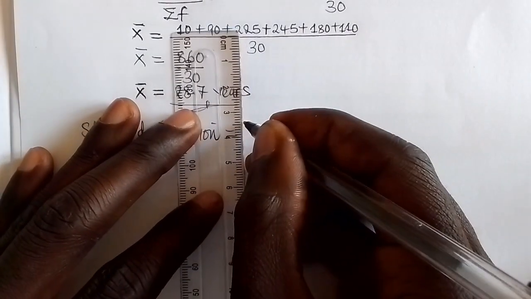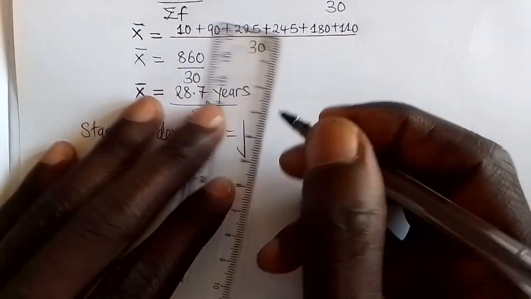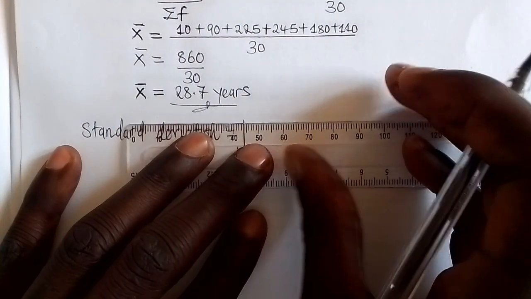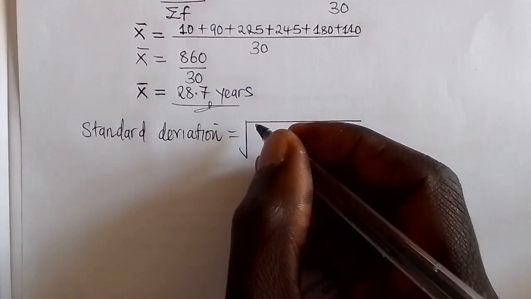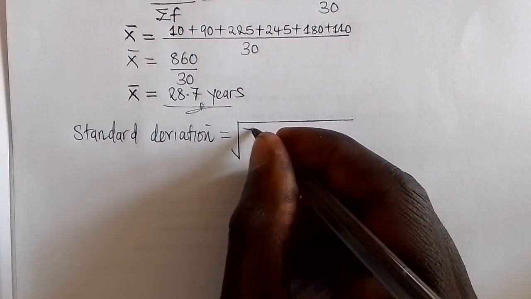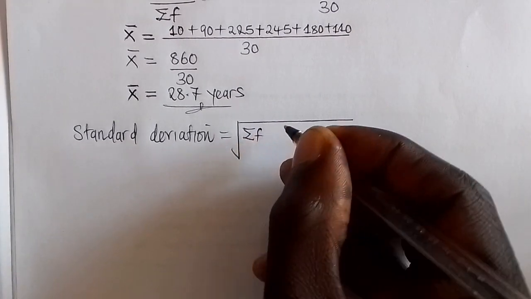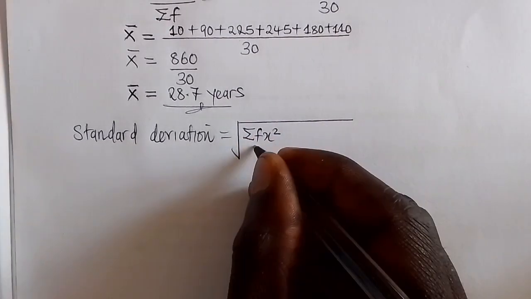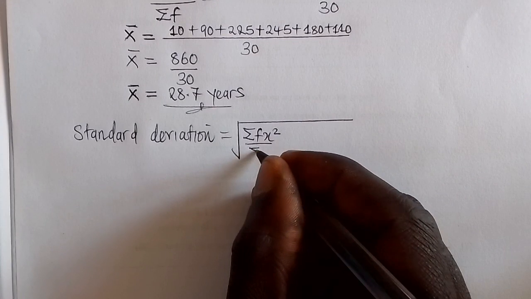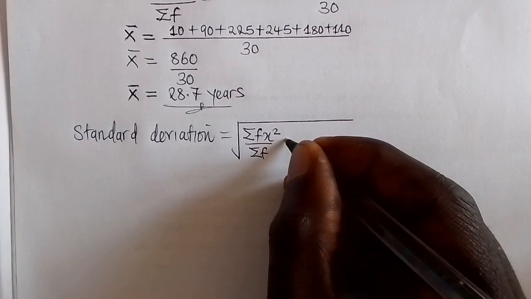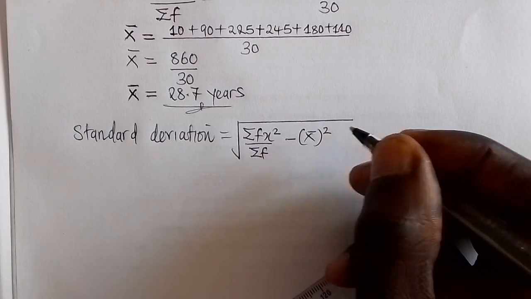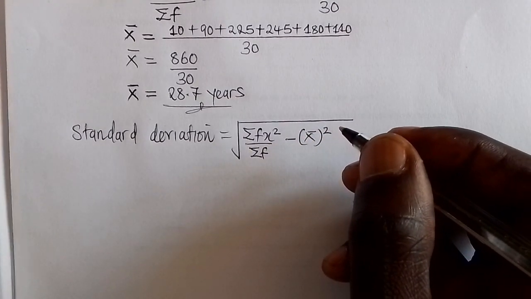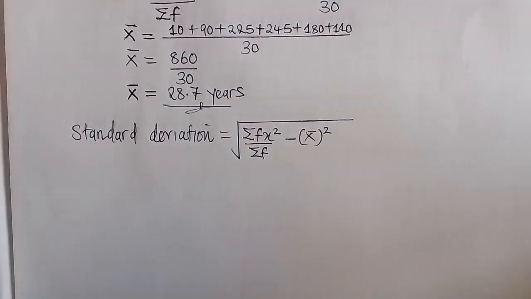So we write square root. I'll pick on the one which has summation f x square, then divide all this by summation f, then minus x bar squared. So this is the one I will work with.